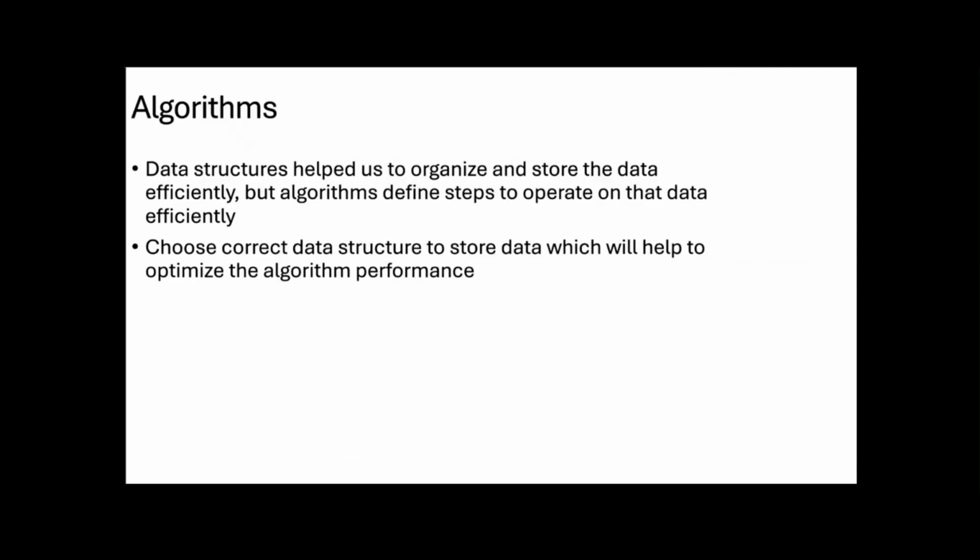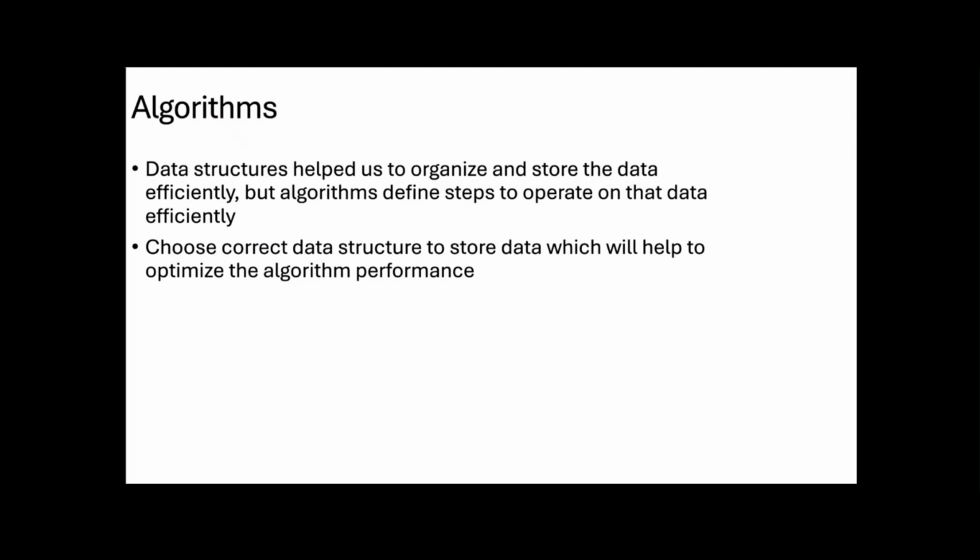Then algorithms. Data structures helped us to organize and store the data efficiently, but algorithms define the steps to operate on that data efficiently. Let's say you stored the data in some kind of array, and now you need to use it in such an efficient manner that the output you expect from that array is given very efficiently.